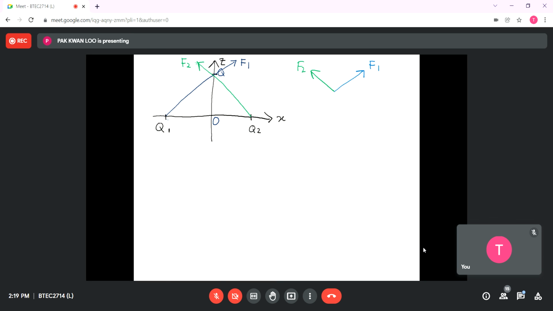Bear in mind, the distance from the origin to Q1 and the distance from the origin to Q2 is the same, and therefore the direction of the forces is also symmetrical about the z-axis.